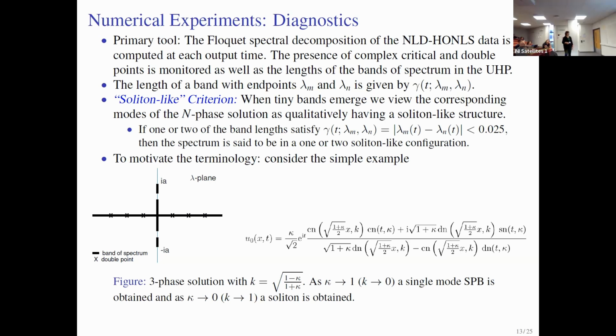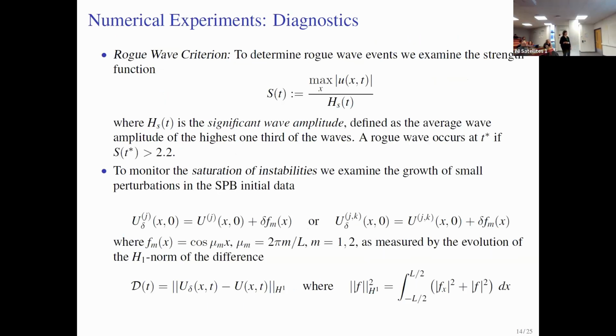Whereas if you have kappa going to 0 and K going to 1, then the band will shrink to a discrete point at iA and minus iA, and that middle band will collapse to the real axis. So we consider that when we're getting these very tiny bands, we're getting close to a soliton-like state.